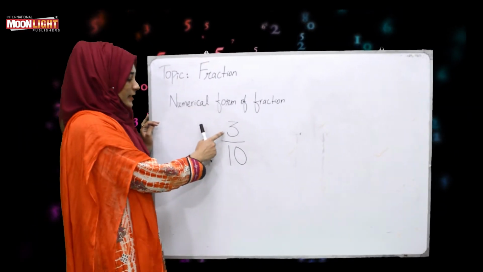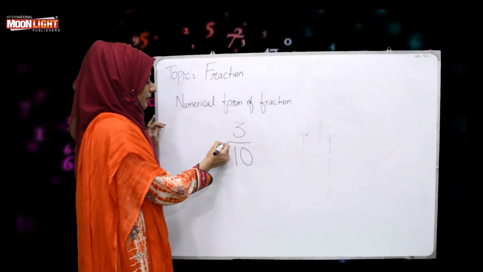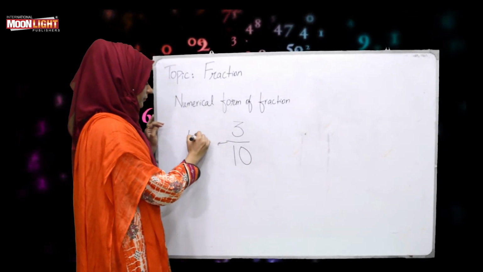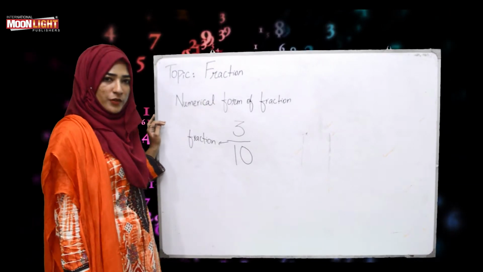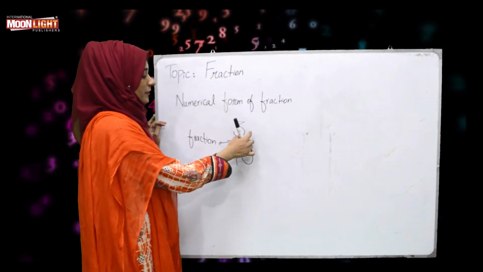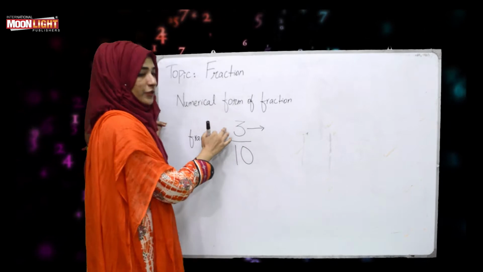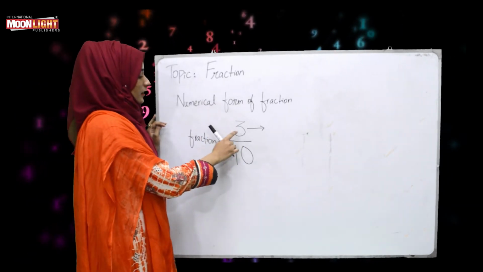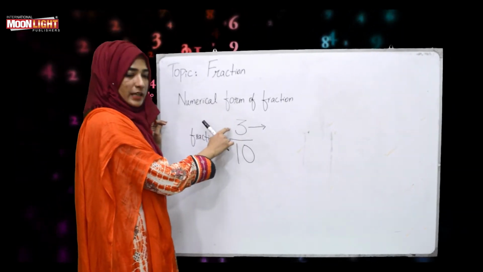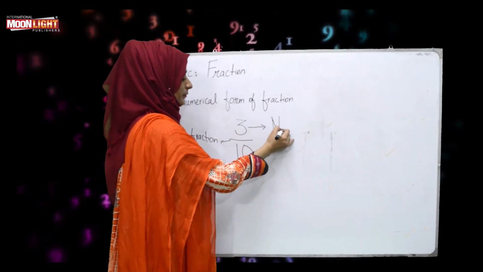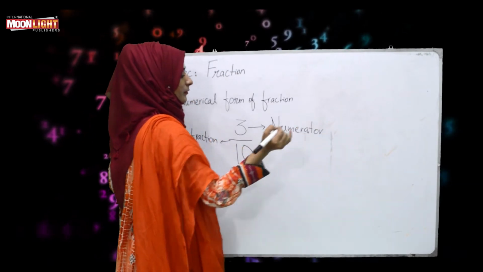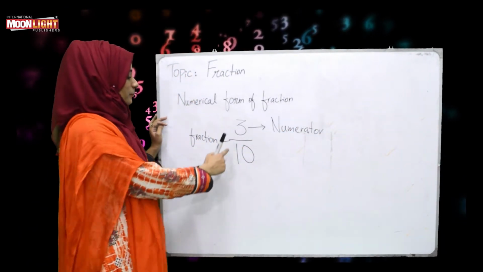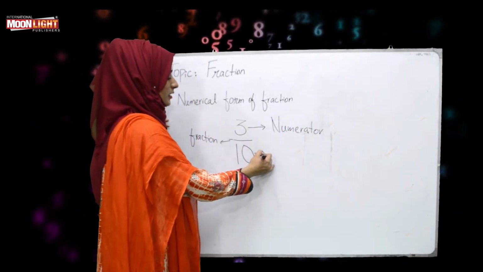This small line that separates these two numbers is known as the fraction line. The number that is written above that line is known as the numerator. And the number that we write below this line is known as the denominator.